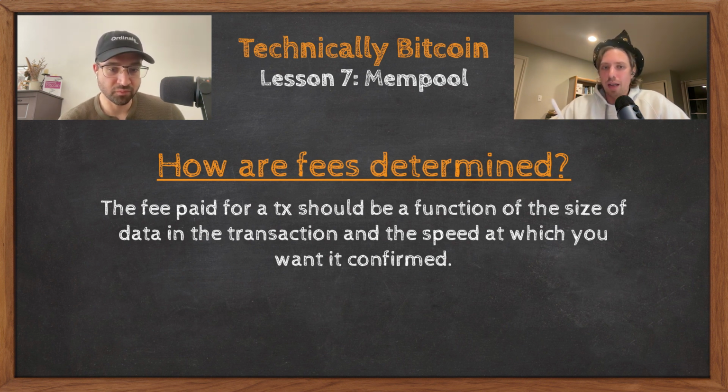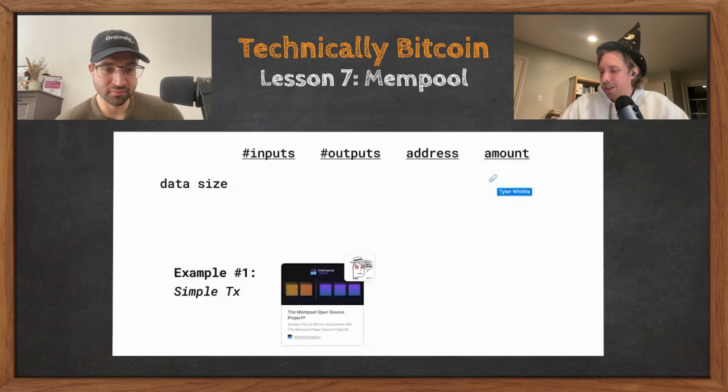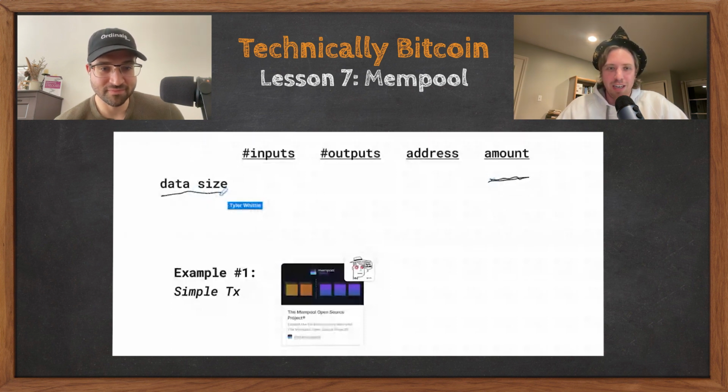So the really important point to note here is that the amount of Bitcoin does not matter. The data size of your transaction does not change with the amount of Bitcoin you're sending.